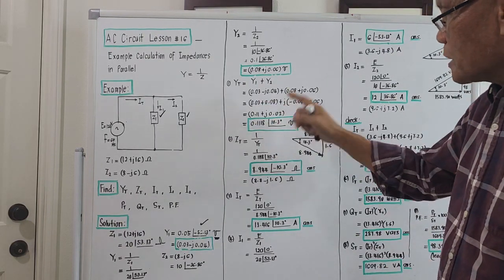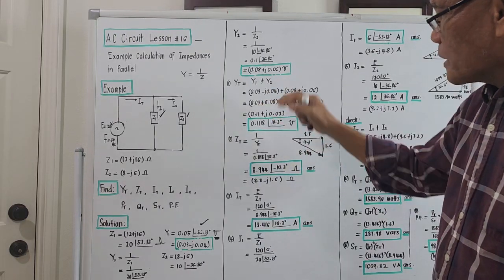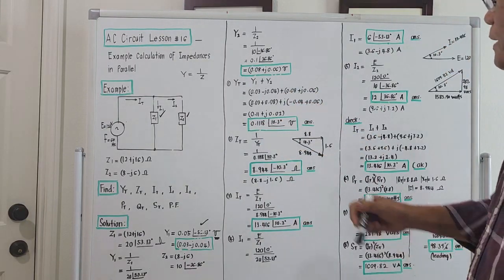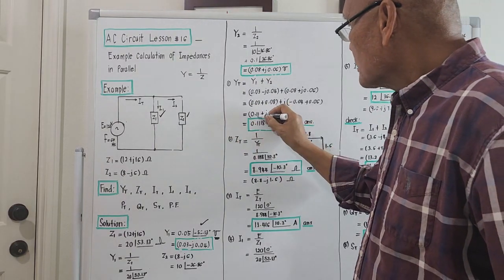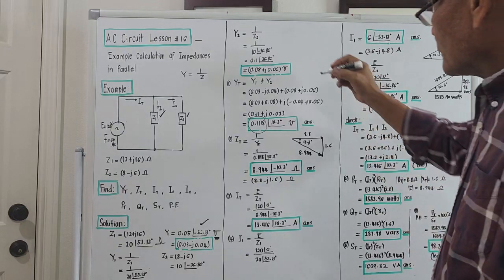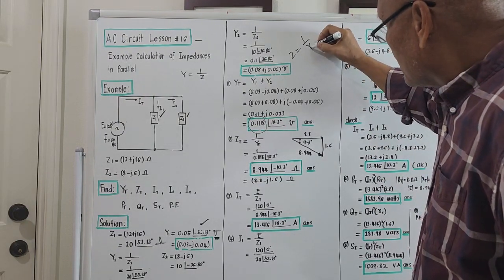We divide 0.11 by that, what will come out will be 0.1118. So the magnitude of the total admittance of C1 and C2 is actually 0.118. And again, by using the definition, impedance is actually 1 over y total.